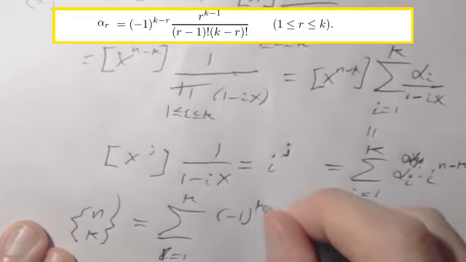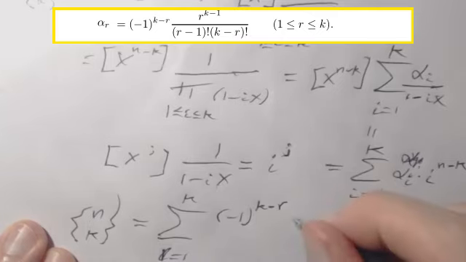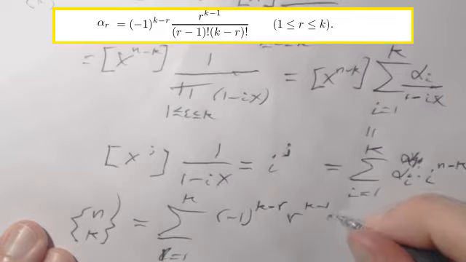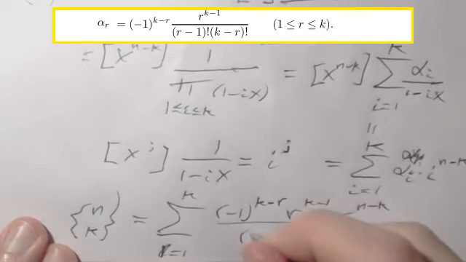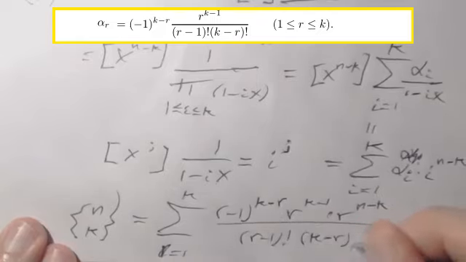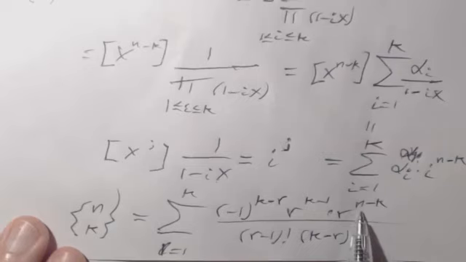We'll have minus 1 to the k minus r, and I'm also going to have r to the k minus 1, and I've got this factor here, i to the n minus k. Well, I replaced i with r, so it's going to be times r to the n minus k, all over r minus 1 factorial times k minus r factorial, and this times this is just going to be r to the n minus 1.